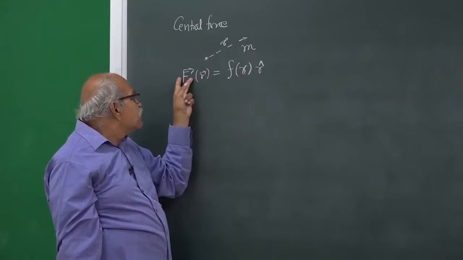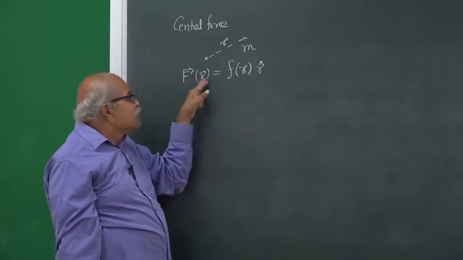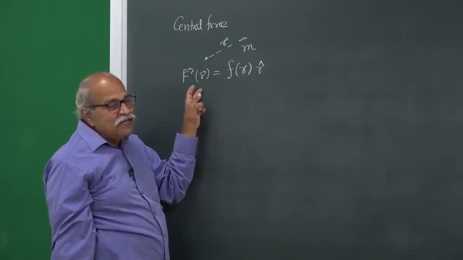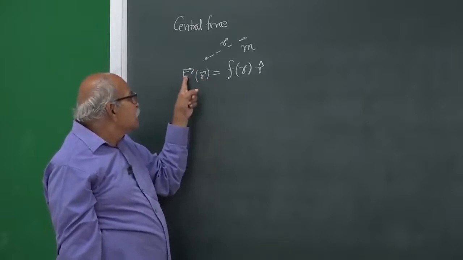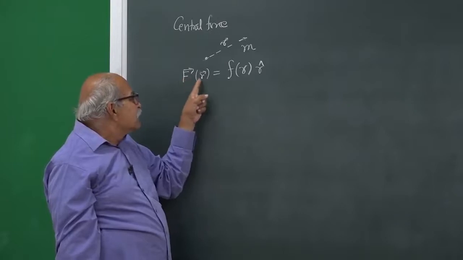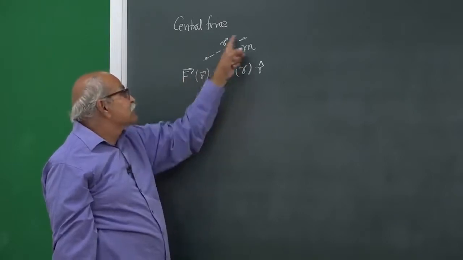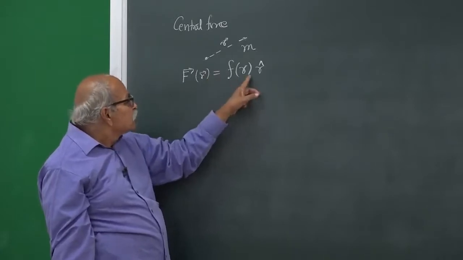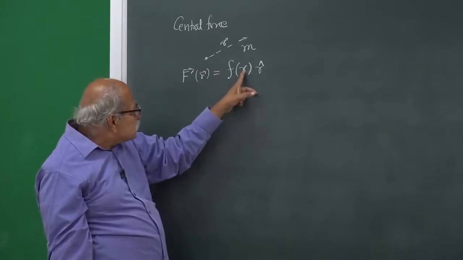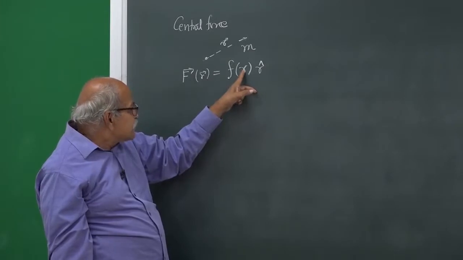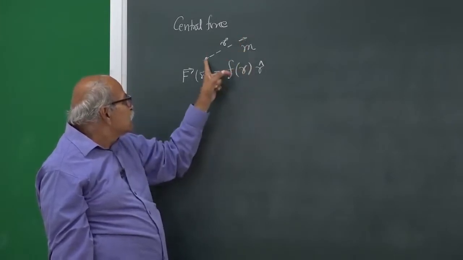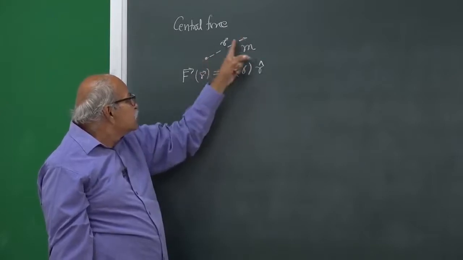Force on the particle when the particle is at this position, that is our left hand side. And what is the right hand side? It is the distance of the particle at that instant from the origin. Here is the particle, here is the origin, and this is the distance, and that distance is r.